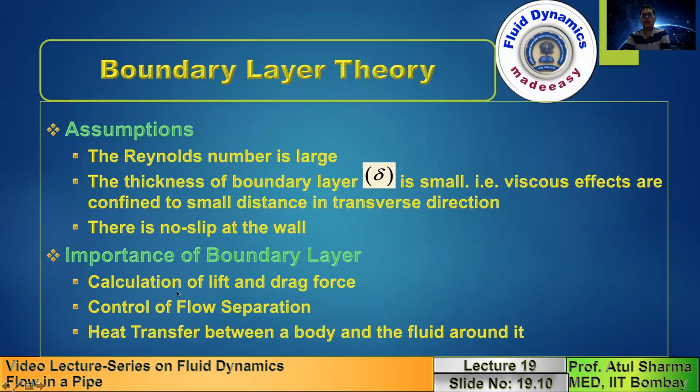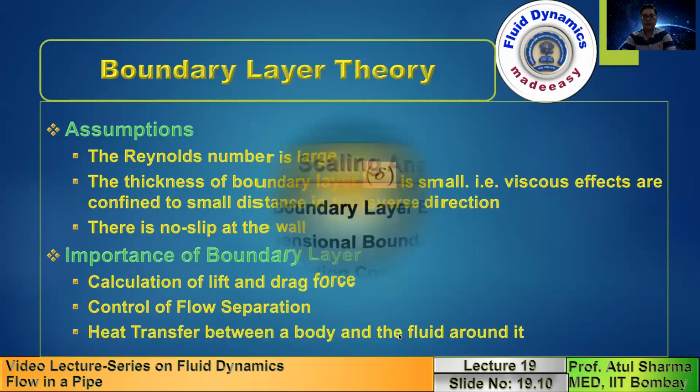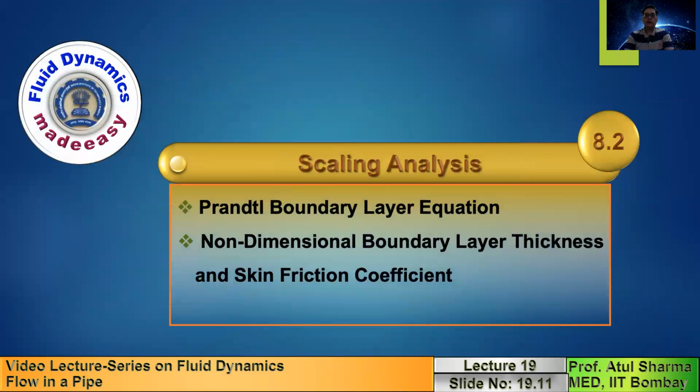Along with the boundary layer that I presented, where I showed the layer where you have a velocity gradient, for heat transfer problems you also have a thermal boundary layer, and that thermal boundary layer lets you predict heat transfer between a body and the fluid around it.